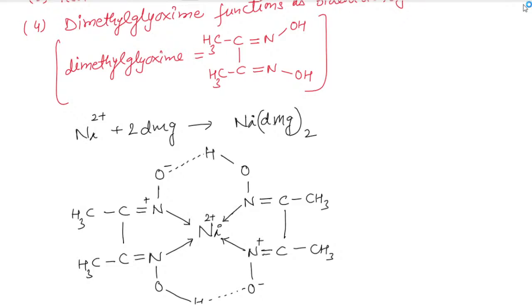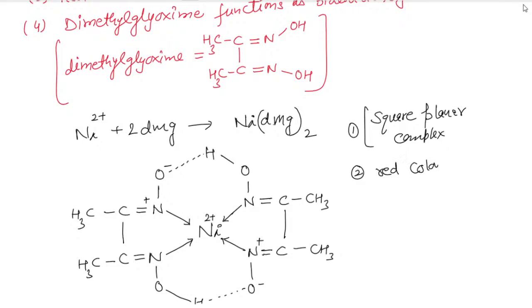Okay, so in this way it has square planar geometry, it is red colored, and dimethylglyoxime, you can write DMG, is a bidentate ligand. It is a bidentate ligand.